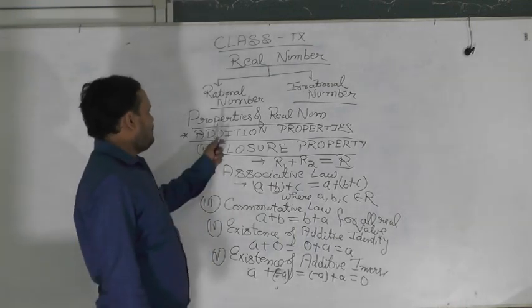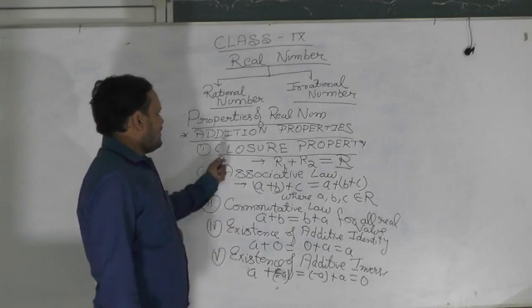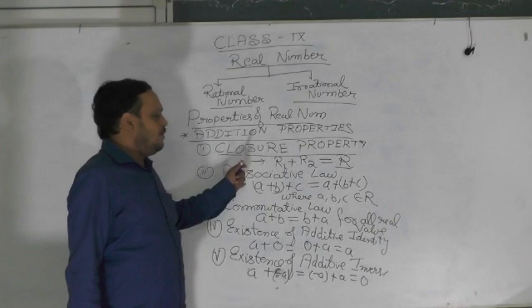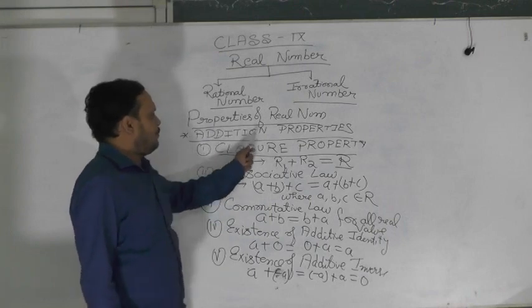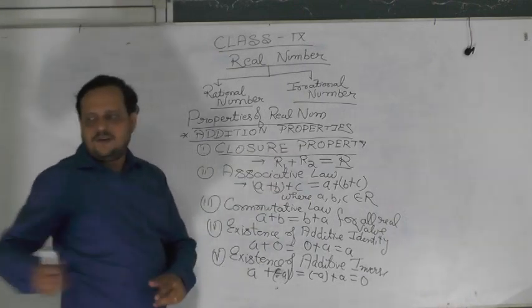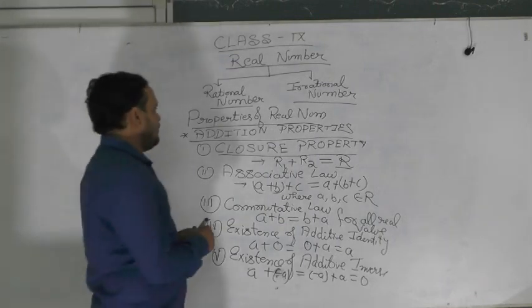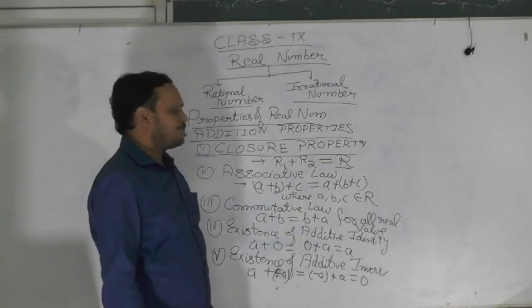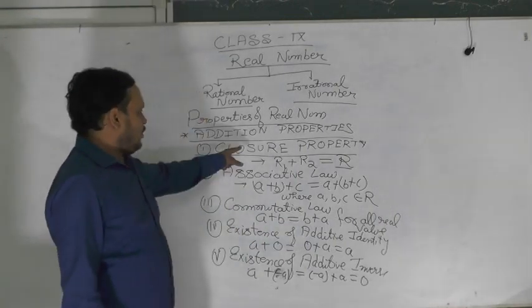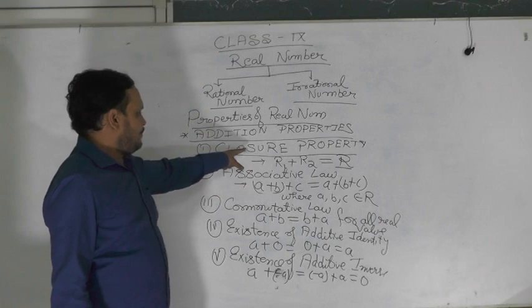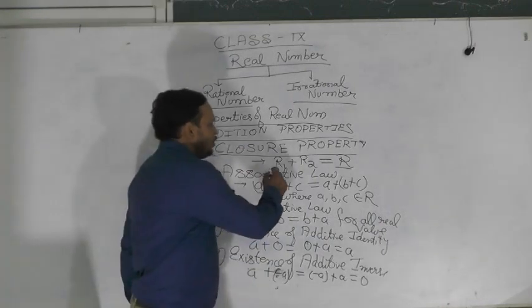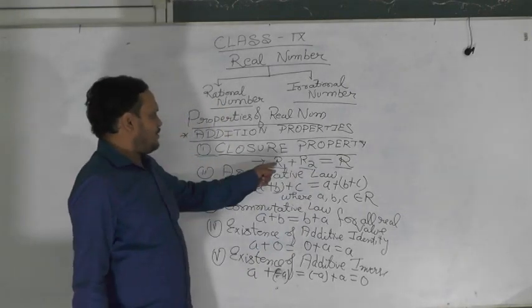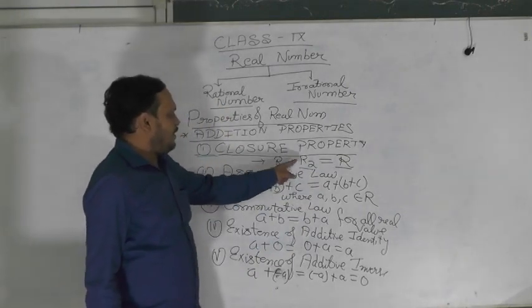Now, we discuss the different properties of real numbers, such as addition properties and multiplicative properties. First of all, we will discuss the addition properties of real numbers. The very first property is the closure property. According to this property, suppose there are two real numbers R1 and R2.